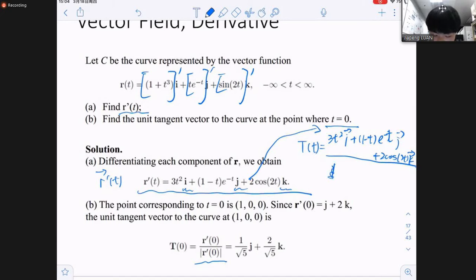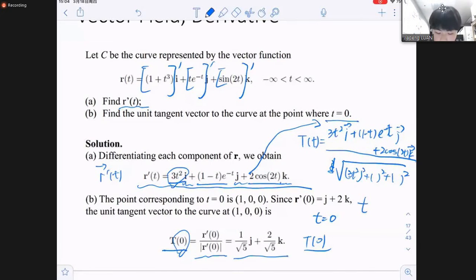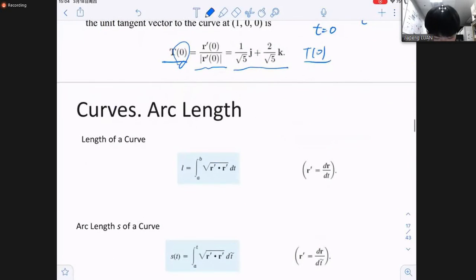The norm, how to calculate this? The norm is actually you square this and also square the next thing and the third. So you can see this is a function of t. If you want to calculate at t0, you just make t equal 0. Then you can get what t0 is, right? If you calculate this, you can get the answer is this thing. I think this is easy to understand.